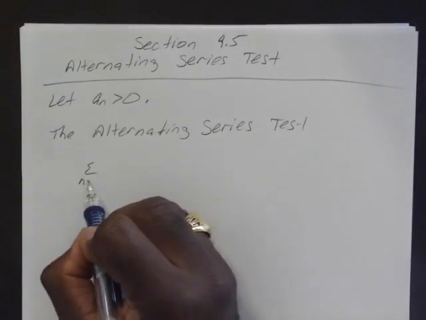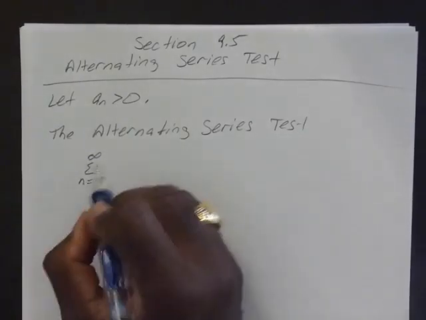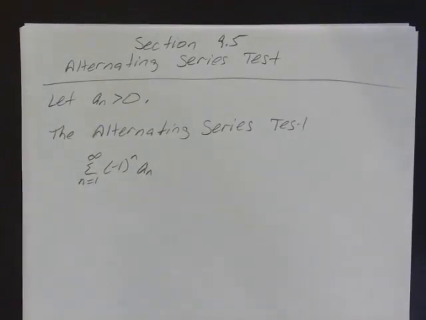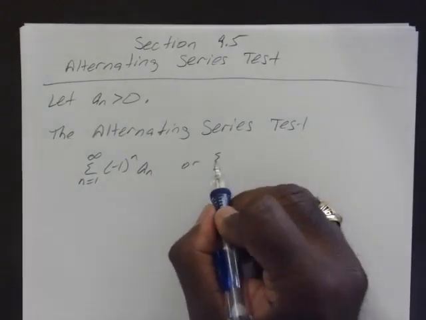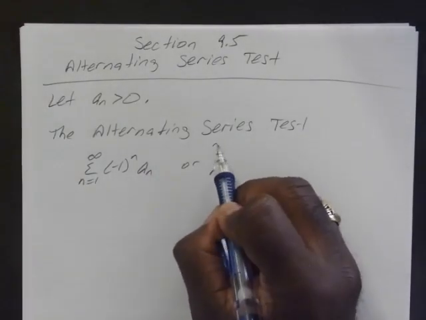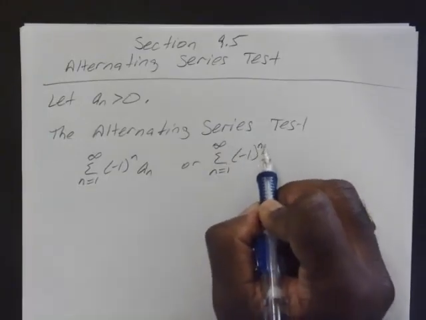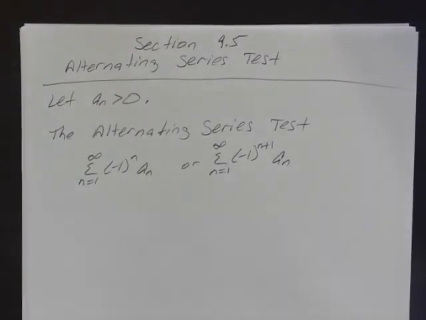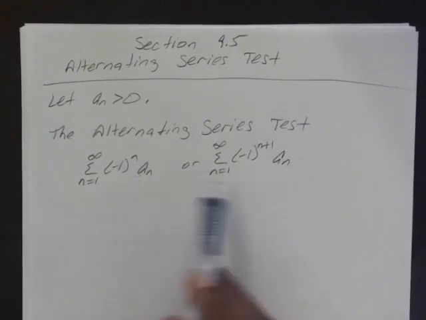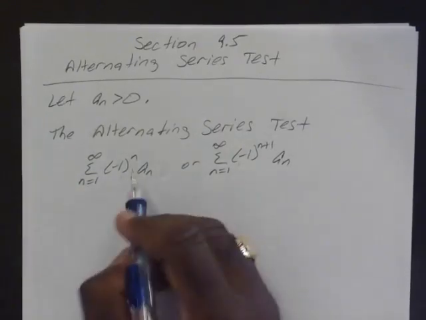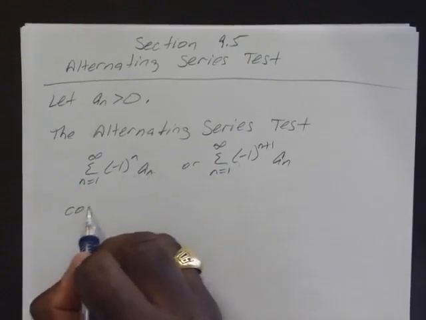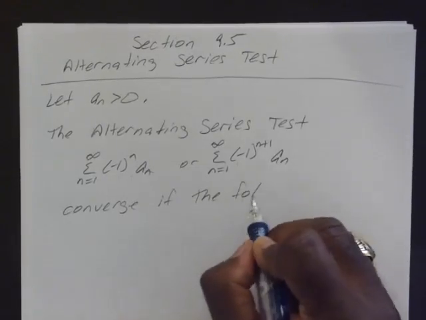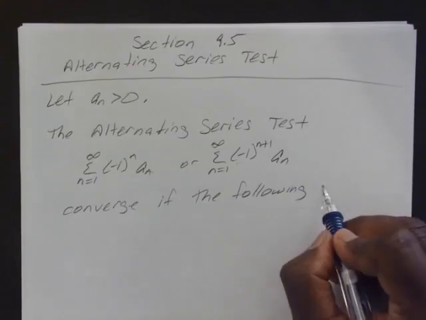That's if you have the series from n equals 1 to infinity of negative 1 to the power of n of a sub n, or the sum from n equals 1 to infinity of negative 1 to the power of n plus 1 of a sub n. Okay, so in either one of those forms, those converge if the following conditions are met.